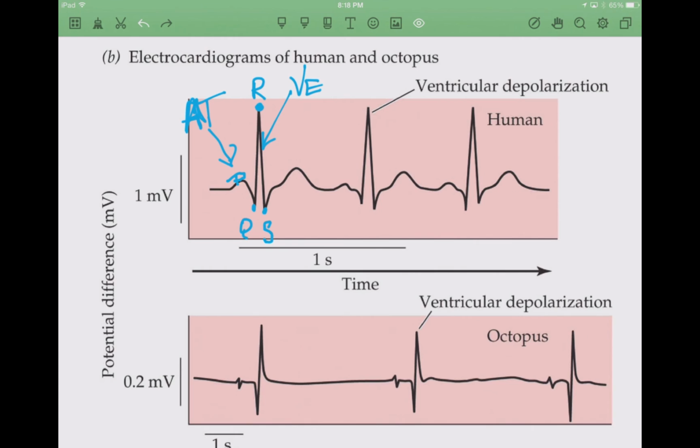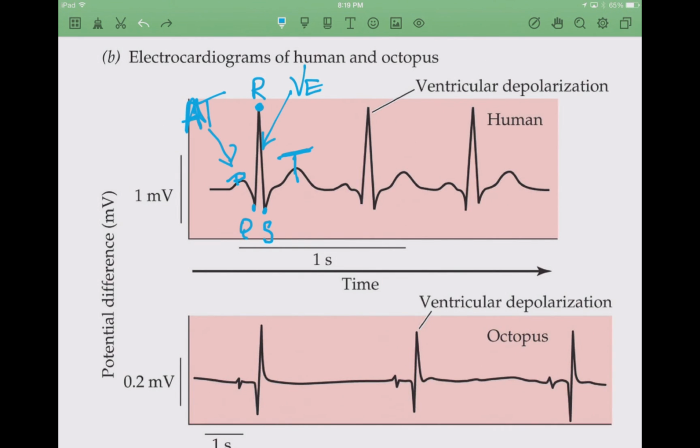And there's this last little bump here you might have noticed, and that is when your ventricle recovers, or repolarizes. It's enough to detect because it's such a large muscle that we can sense it recharging.